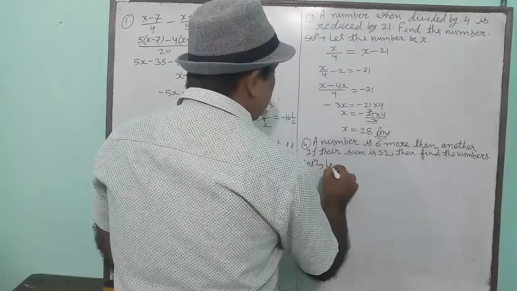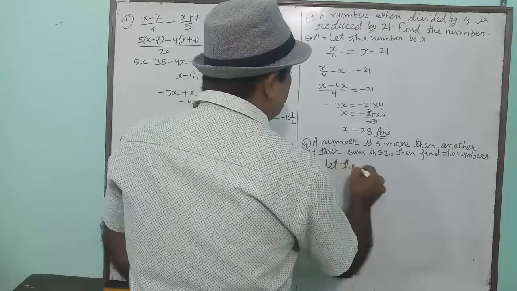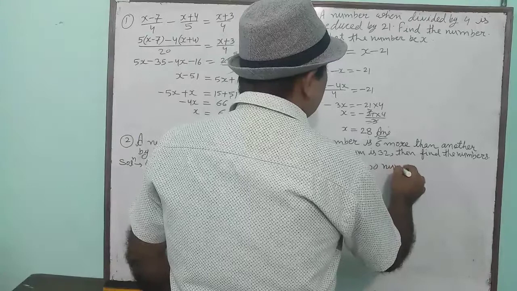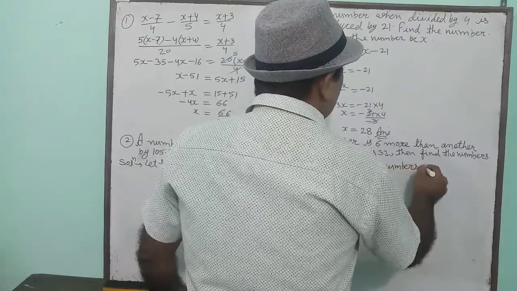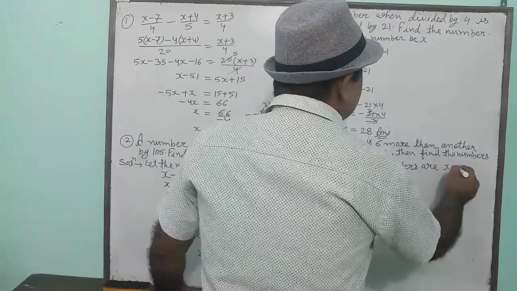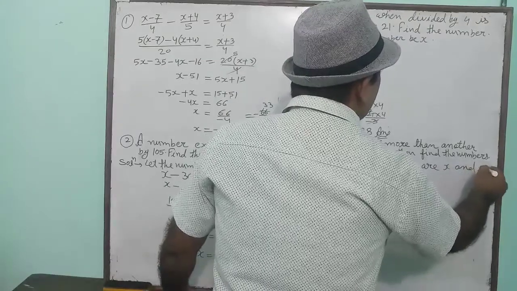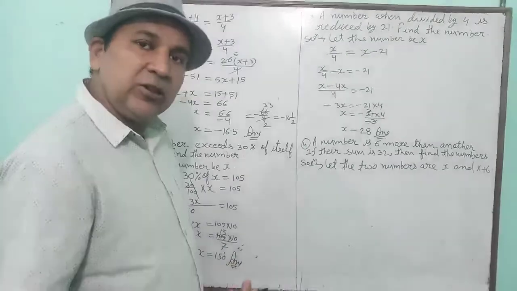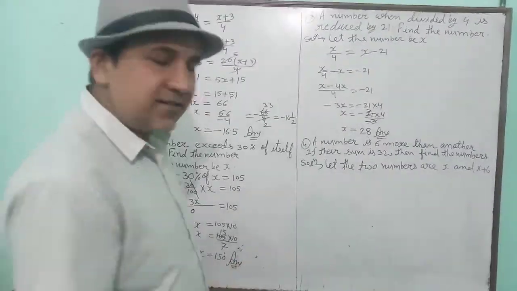Suppose the two numbers are x and x plus 6. If you wish, you can take x and x minus 6 also.